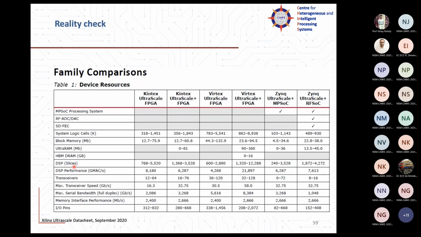Now one of the high-end FPGAs has about 4,000 DSP slices given to you to use according to your application's requirement. So imagine having a DSP performance of 7,000 giga MACs per second on a single device, right?